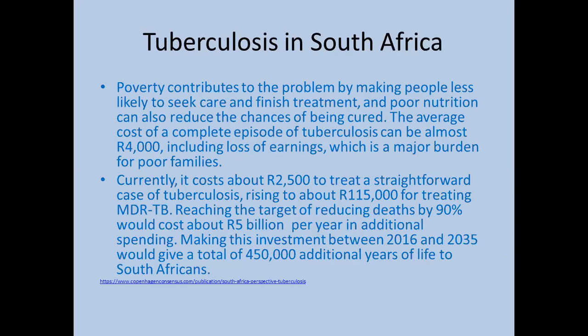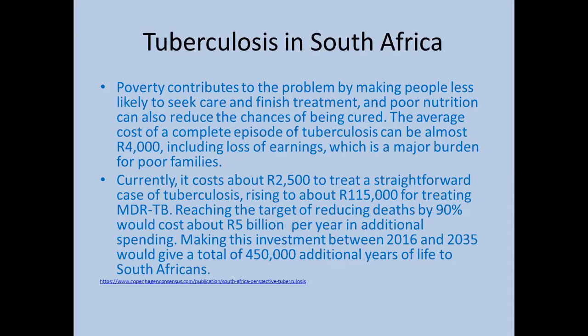And so it's a problematic diagnosis for a person to be diagnosed with tuberculosis. So currently it costs the government about 2,500 Rand to treat a straightforward case of tuberculosis. And this is scary, 115,000 Rand for multidrug resistant tuberculosis.